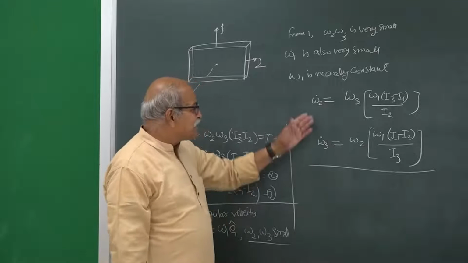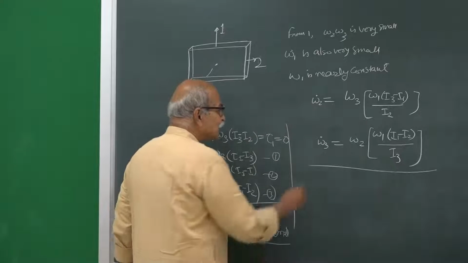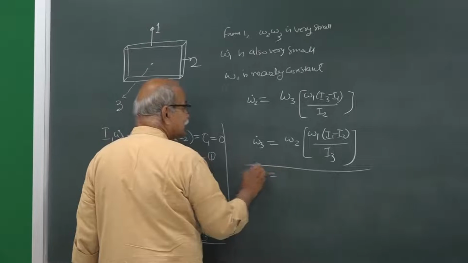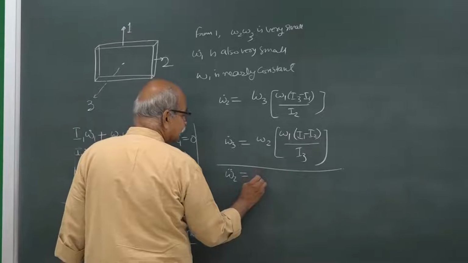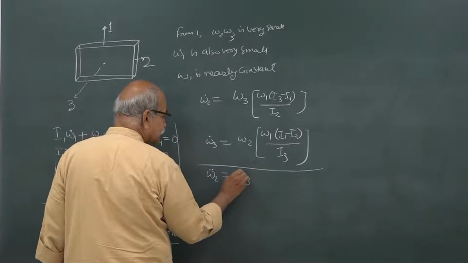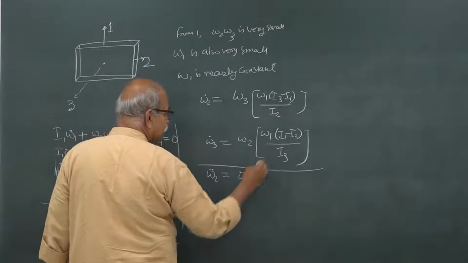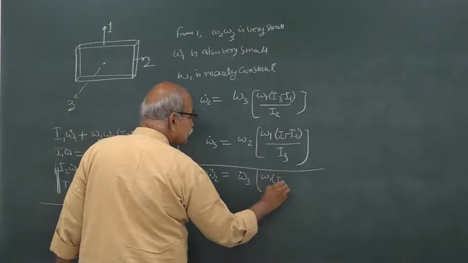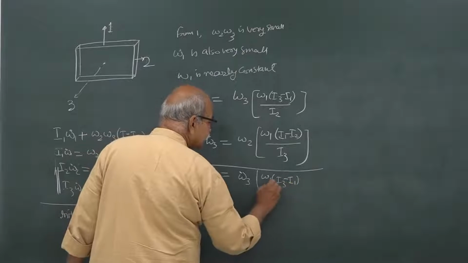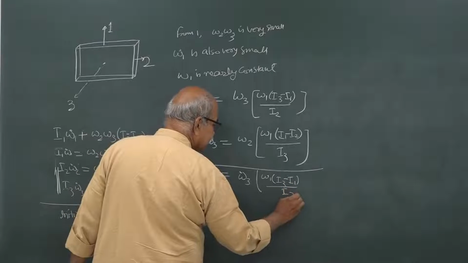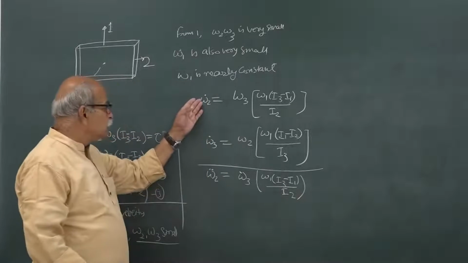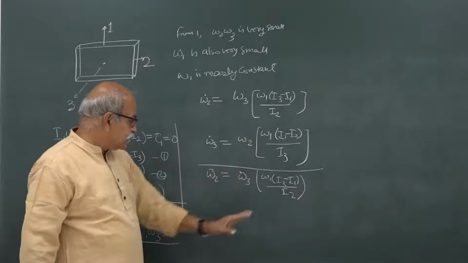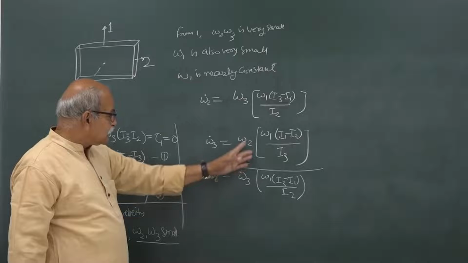Let us differentiate this one. What is omega 2 double dot? Omega 2 double dot is equal to omega 3 dot, and this is nearly constant, so it is omega 1 (I3 minus I1) by I2.